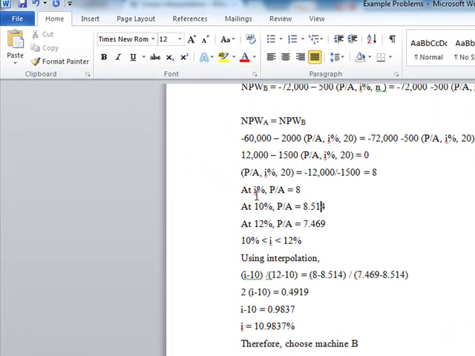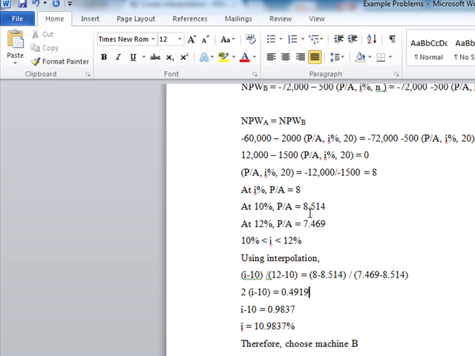Basically, we have three data points, right? I percent, 10%, 12%. So I do I minus 10 divided by 12 minus 10. On this side of the equation, I have all interest rates. On the other side, I will have the equivalent P given A values.